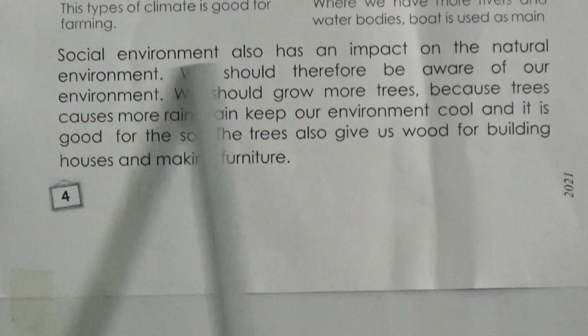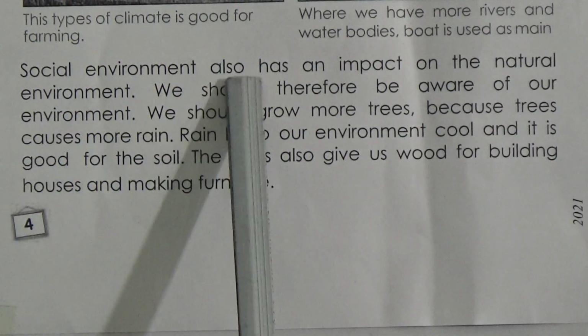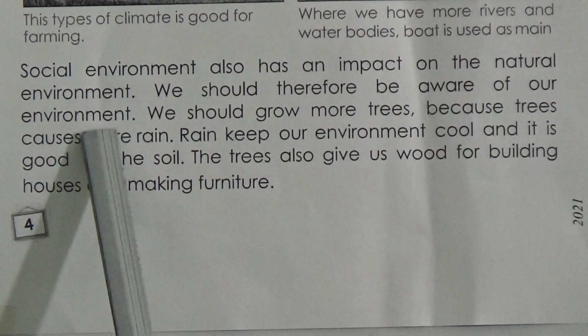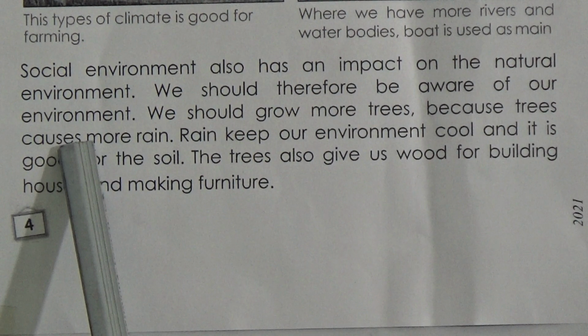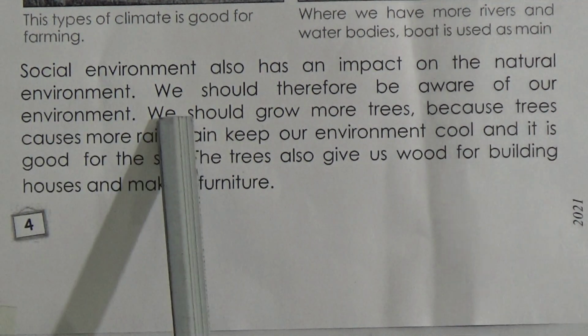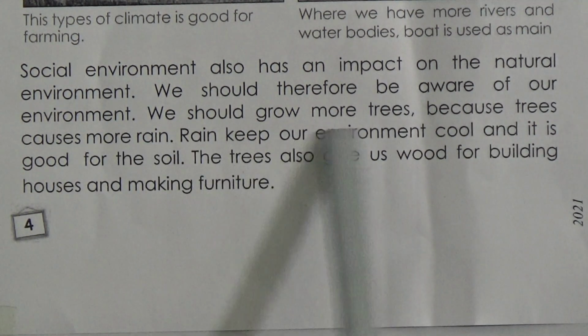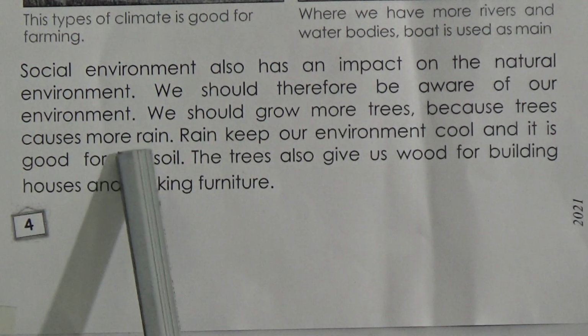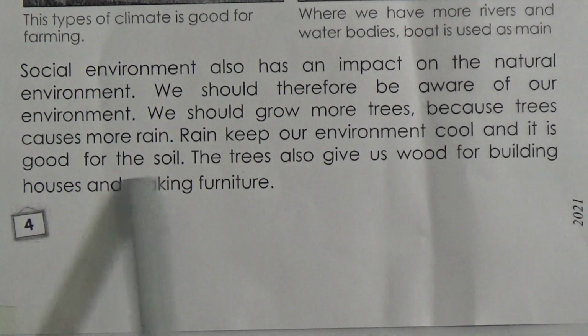Then, the social environment also has an impact on the natural environment. We should therefore be aware of our environment. It is very important that we are aware about our environment. We should grow more trees because trees cause more rain. Rain keeps our environment cool and it is good for the soil.